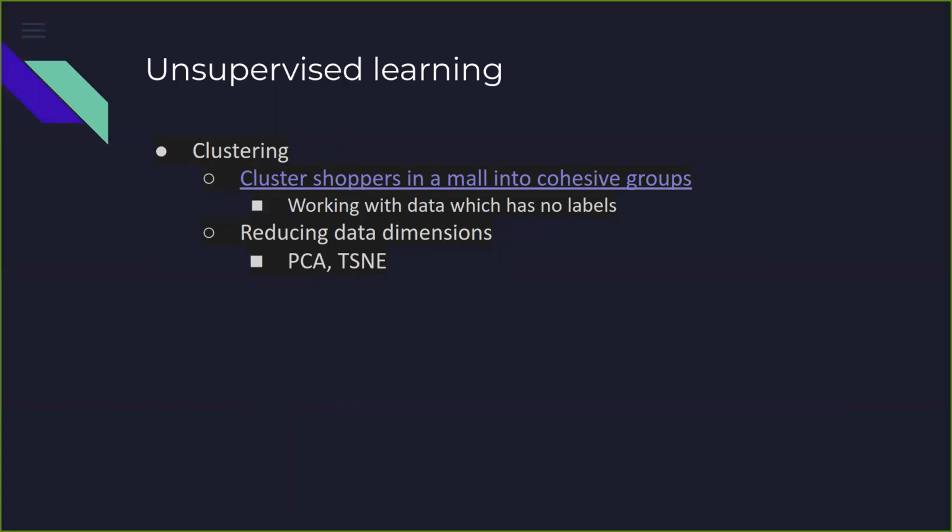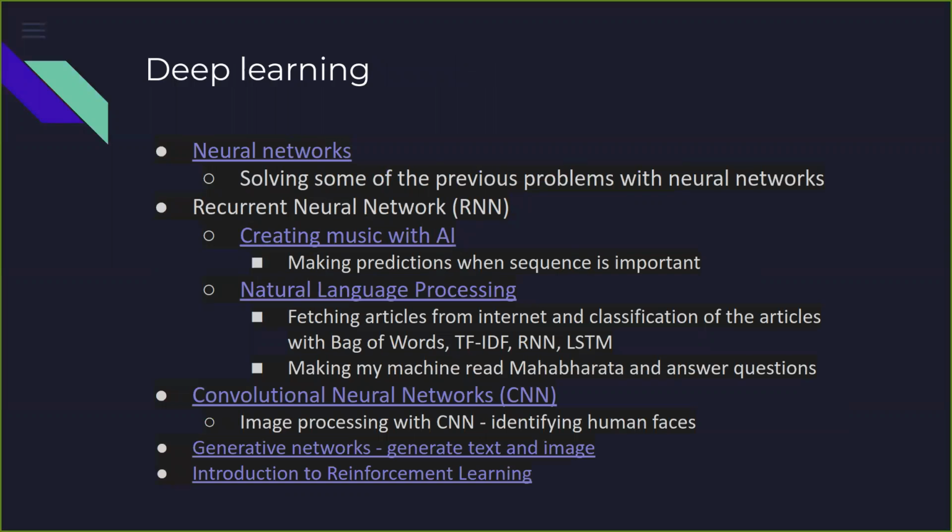So we would try to find out from the data itself whether there are homogeneous groups among the visitors to the mall. Then we'll also learn about reducing data dimensions. That's more of a technical thing that we'll learn. Then we'll go to deep learning and learn about neural networks.